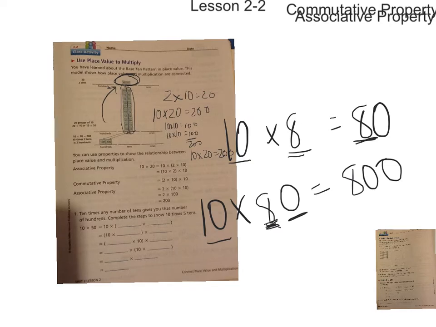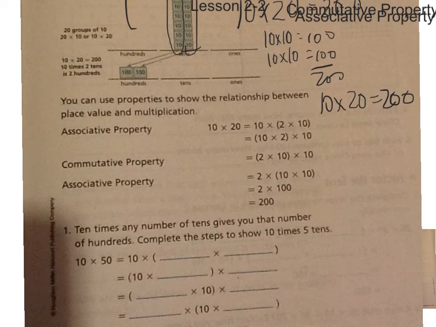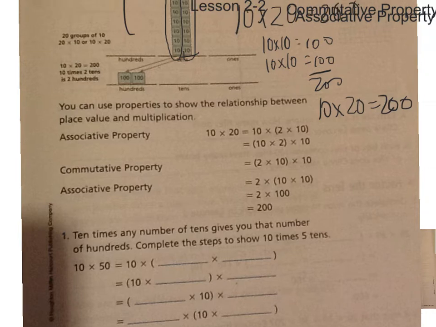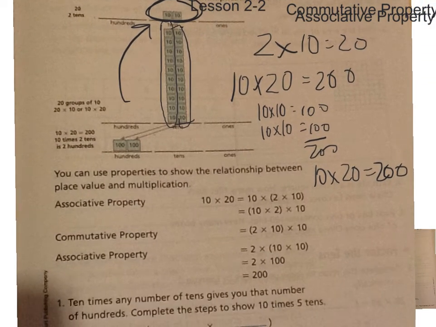So what I want to do now is I want you to go back to the page we were just on, and this is where we start talking about the associative property. The associative property talks about the numbers we had above. It shows you 10 times 20. 10 times 20 is the same as 10 times 2 times 10.